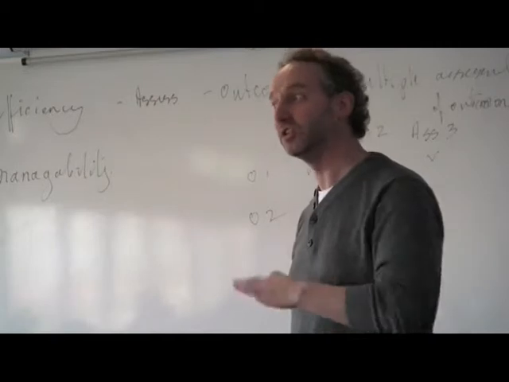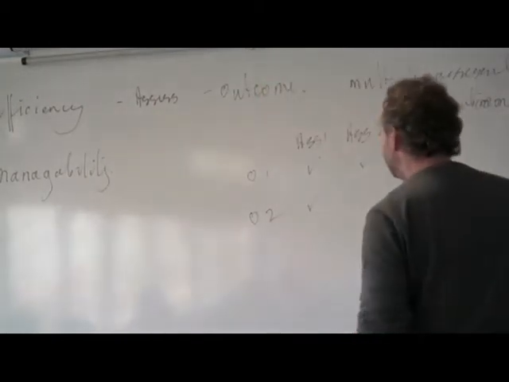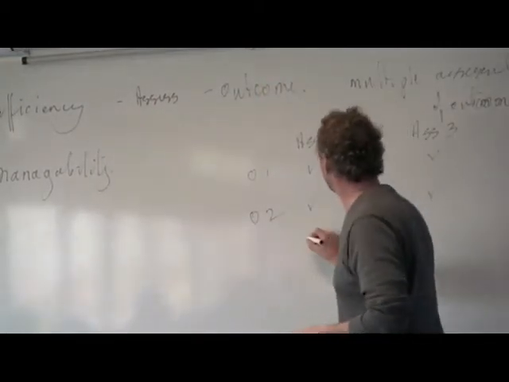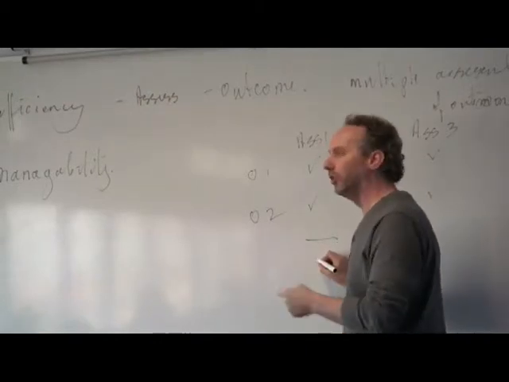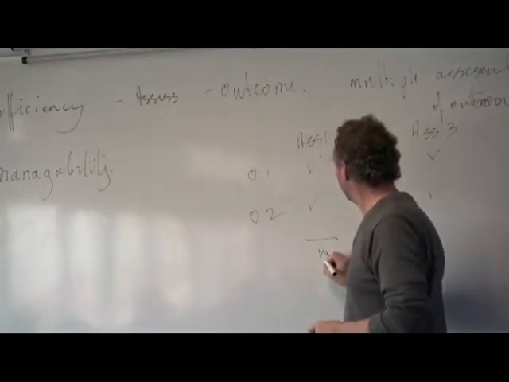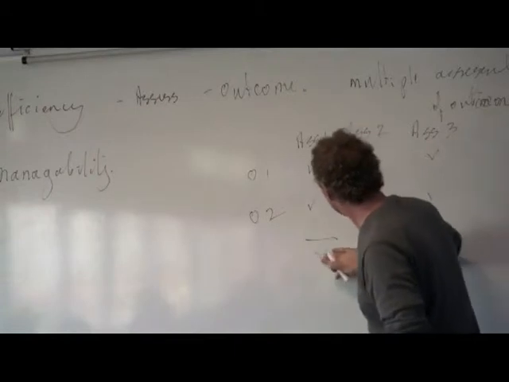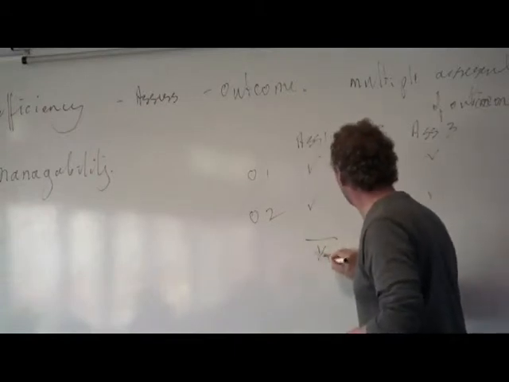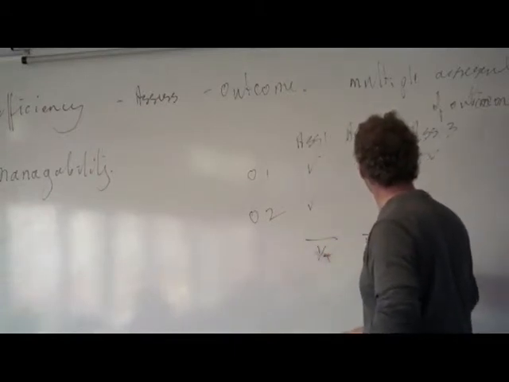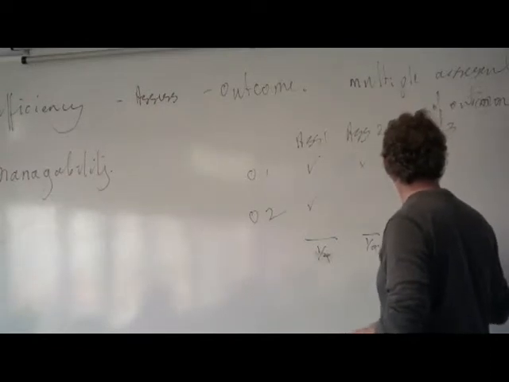We're assessing the assessment. So what we tend to do is we have assessment 1 and we say this one is worth 1/3 of the result. No, let's make it something different. Let's say this is worth 1/4 of the result, that one's worth 1/4 of the result, and that one's worth 1/2 of the result.